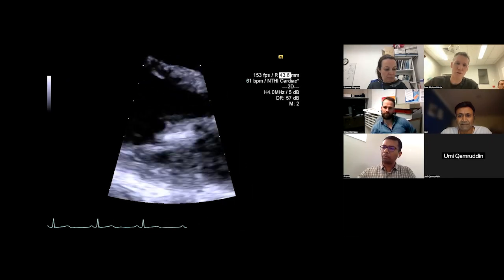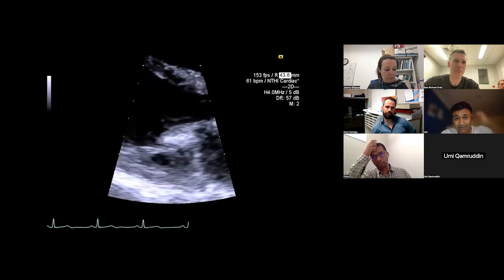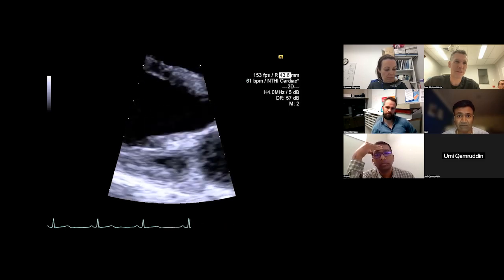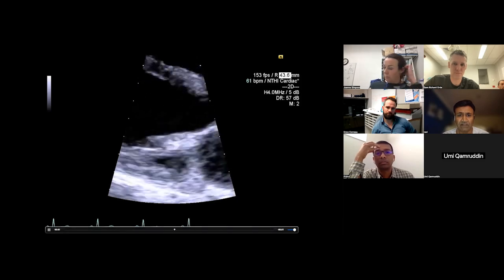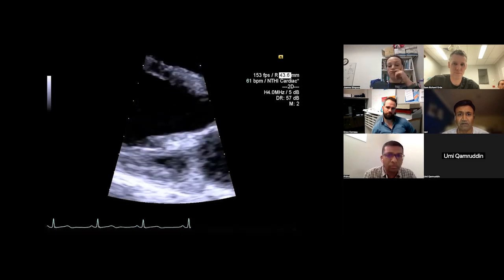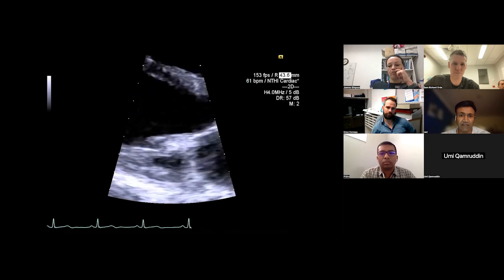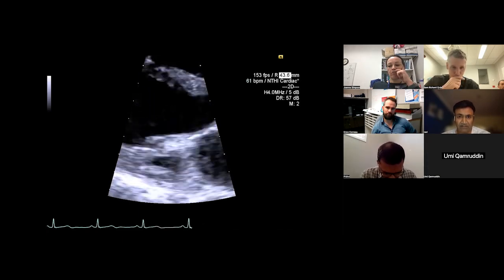Can you tell me more about the mitral valve? Yeah, so the mitral valve is thickened. The anterior mitral valve leaflet tips have a restricted opening, and at some point it looks like a hockey stick appearance.